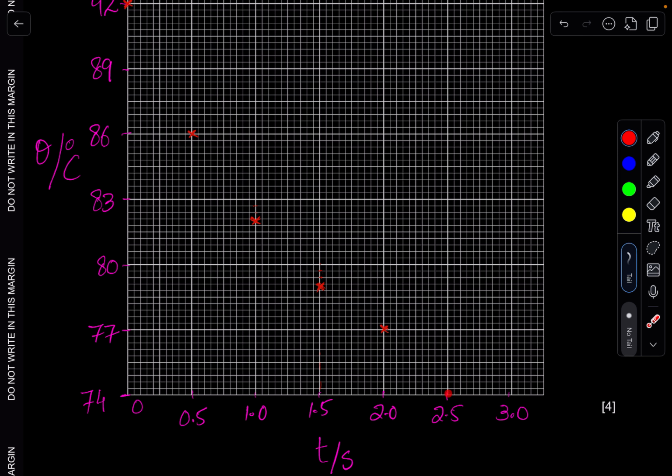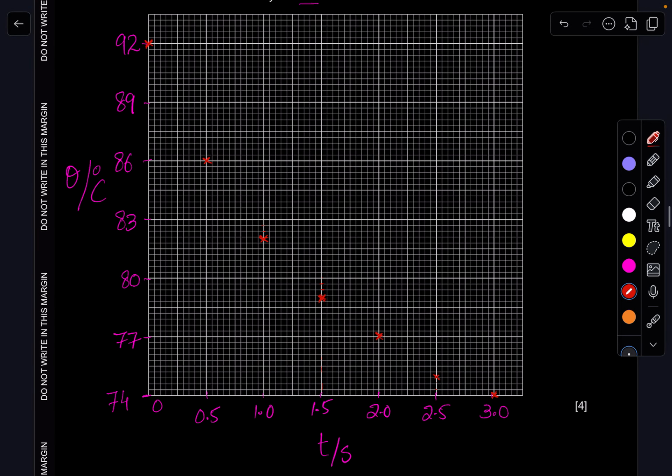So almost 3 boxes, 1, 2, 3, and somewhere at this point. Then 3 and 74, it will be there. Okay, so these are the points we have.